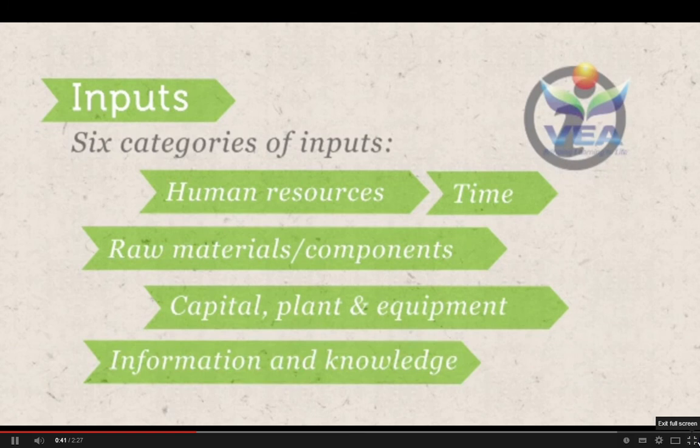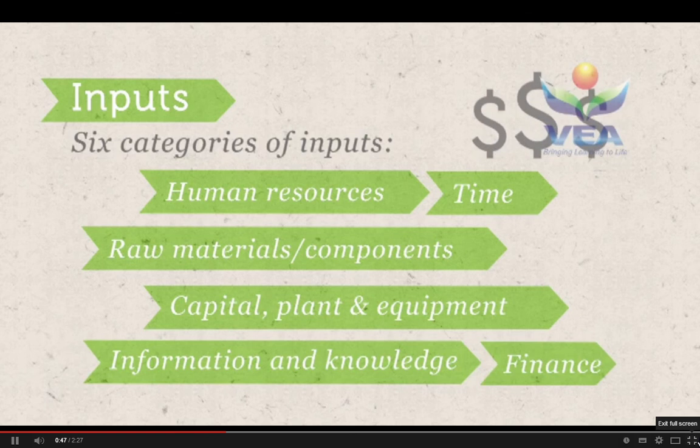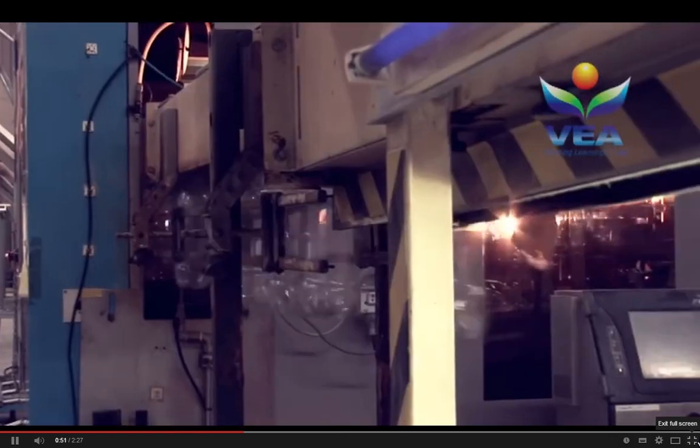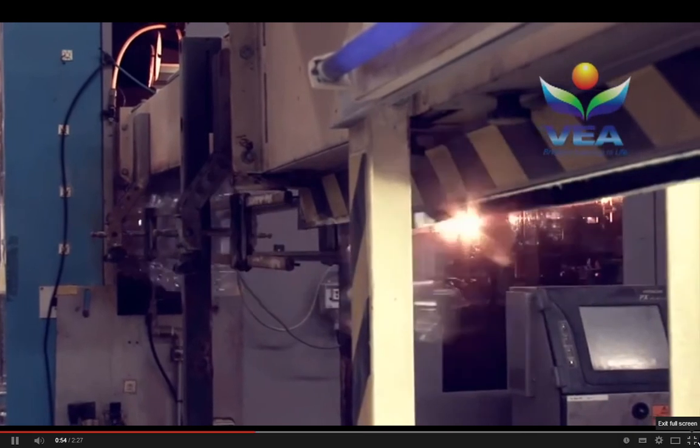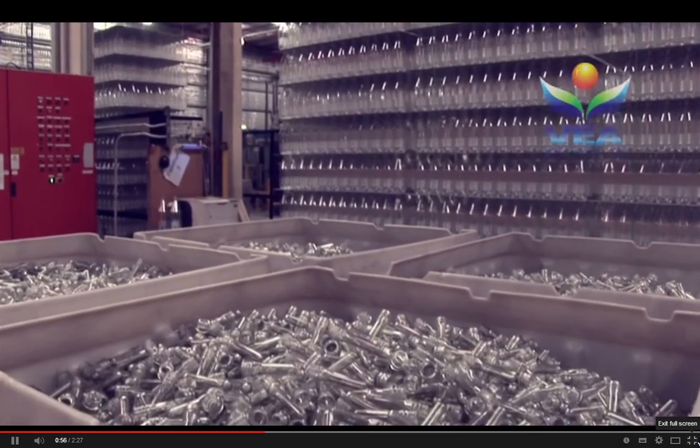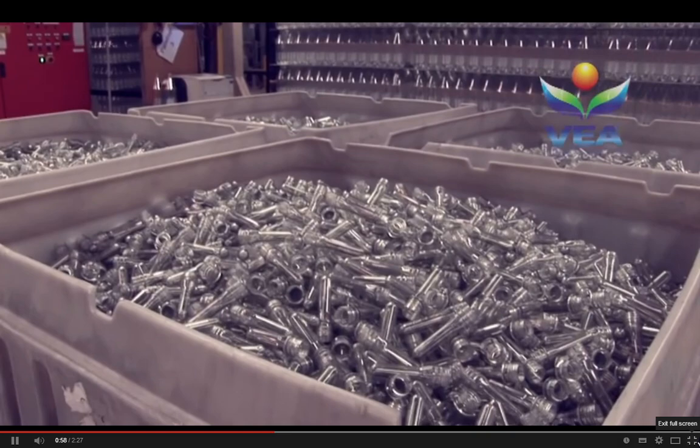Information and knowledge for the undertaking of every part of the operations processes. And finance, to purchase inputs and keep the operation running. We'll look at some examples of different businesses and identify the various inputs to their operations processes.